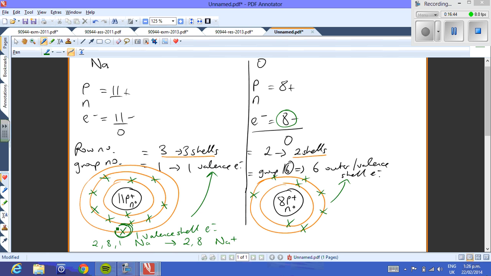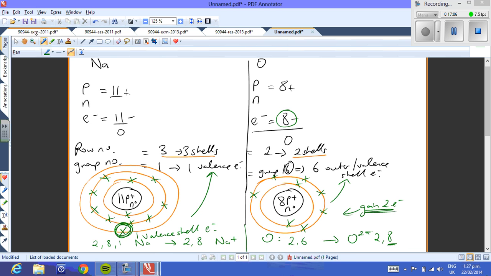So it loses this outer shell electron. Whereas the oxygen atom goes from 2, 6 for the oxygen atom to 2, 8, because it needs to gain 2 extra electrons in order to get the full outer shell.